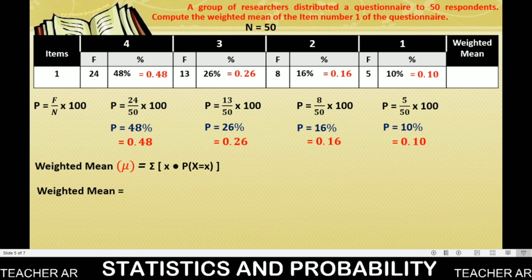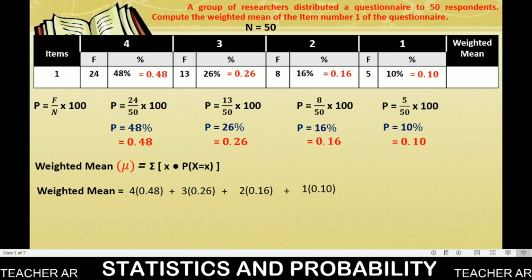Weighted mean equals 4 times 0.48 plus 3 times 0.26 plus 2 times 0.16 plus 1 times 0.10. Applying PEMDAS, we have to multiply first.